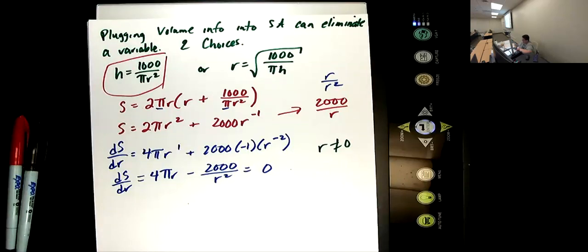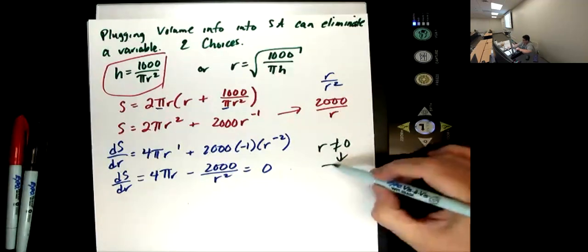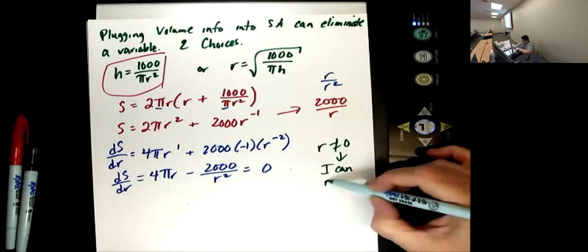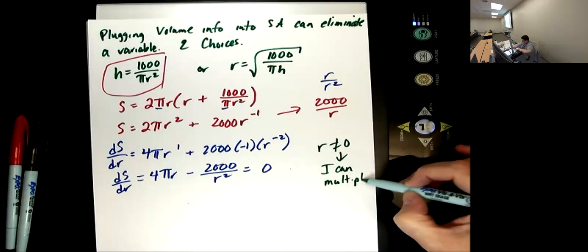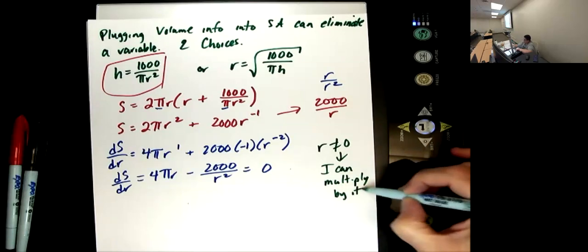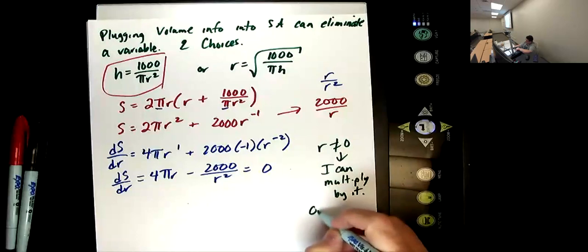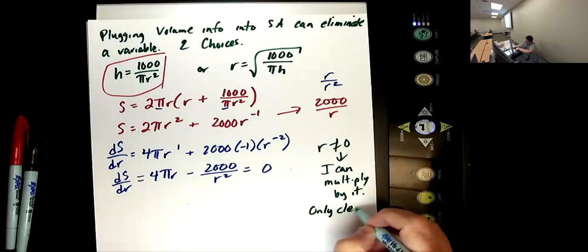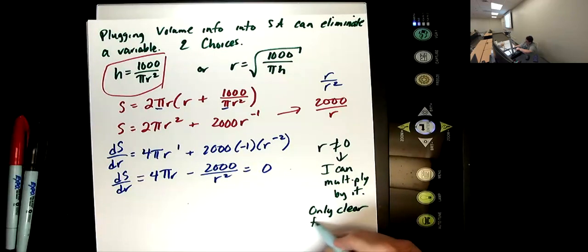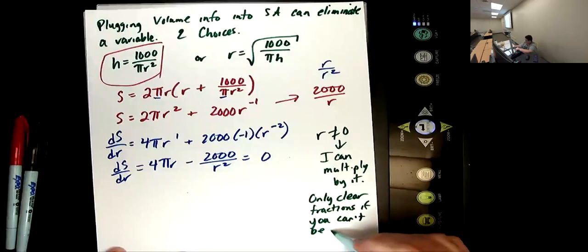So since it can't equal 0, it means I can multiply through by it. Only clear fractions if you're not multiplying by 0.